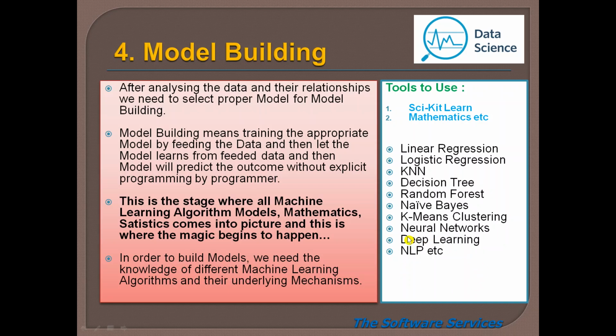And for neural networks: if the data to be detected or predicted is something like an image or audio, natural speech, then deep learning and neural networks come into the picture, friends.